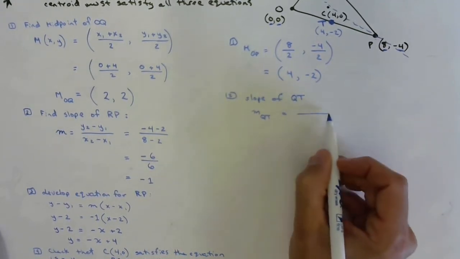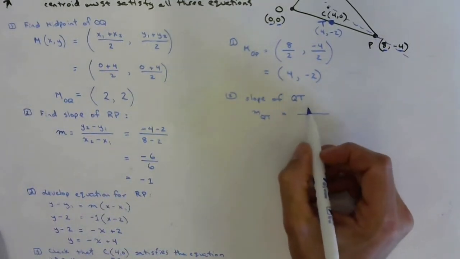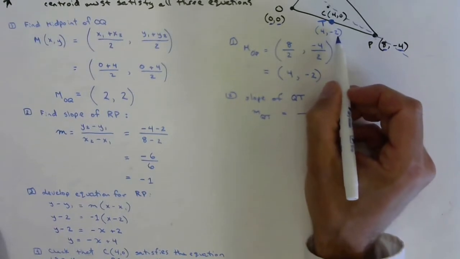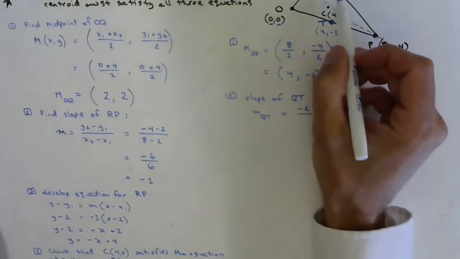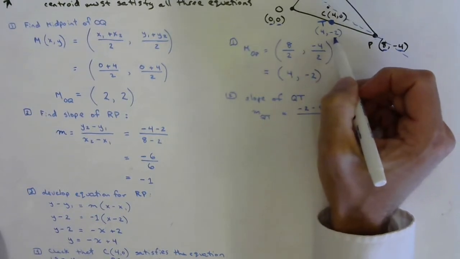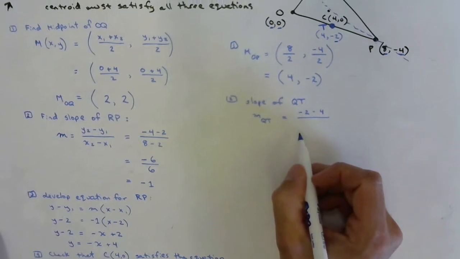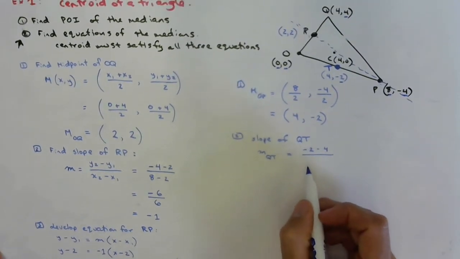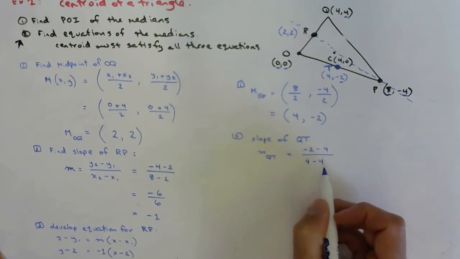Slope formula, I already wrote it down. It's right here. It's my change in y over my change in x. So here we go. I'm going to take my T coordinates. In the top I have negative 2 minus 4. That's the y coordinate of T minus the y coordinate of Q. And in the bottom, the denominator, we have our x coordinates. It's going to be 4 minus 4.